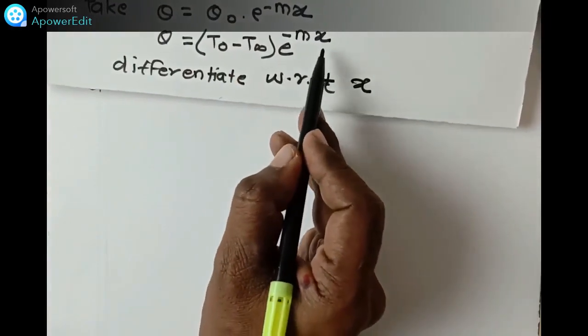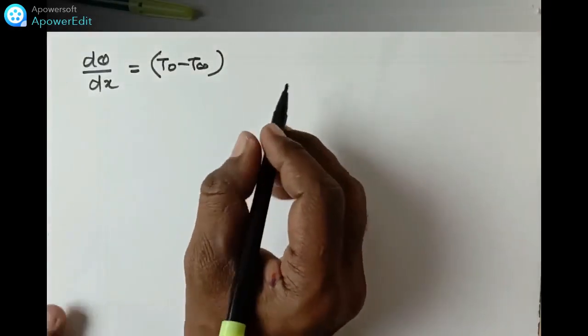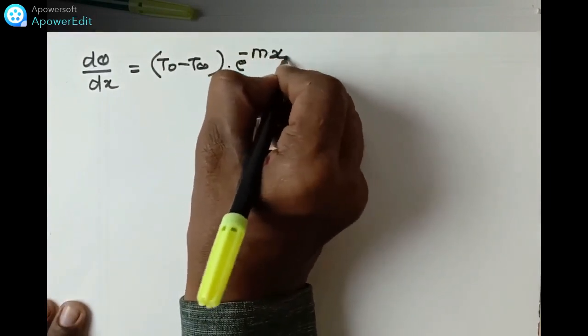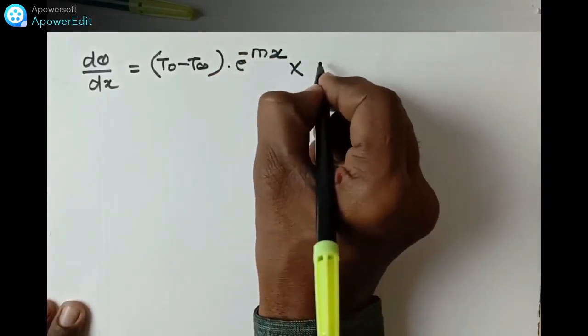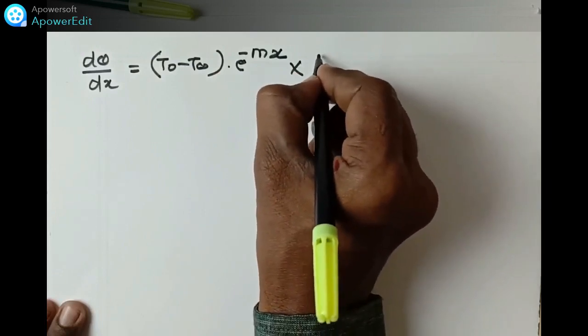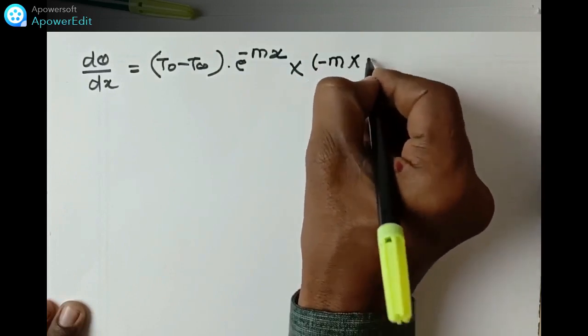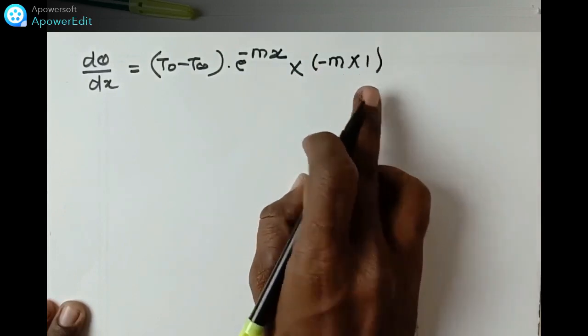Differentiation of e raised to minus mx will be e raised to minus mx into the differentiation of minus mx, that will be minus m into the differentiation of x, which is 1.